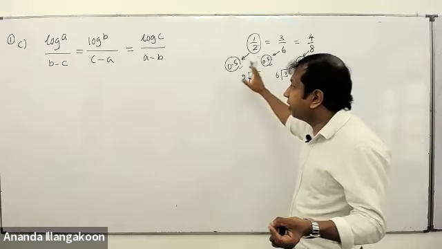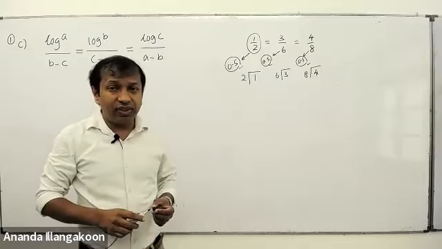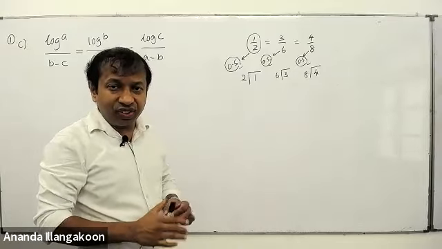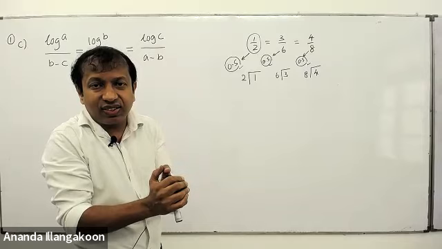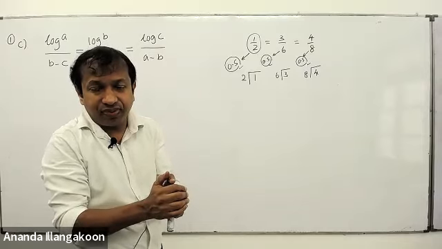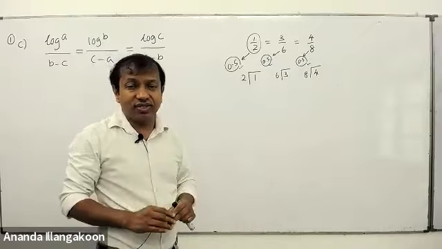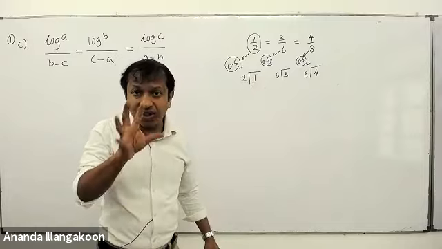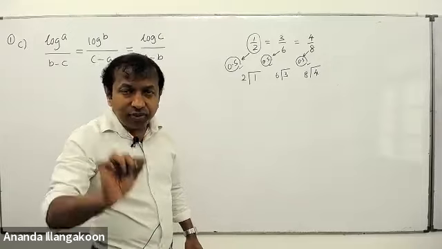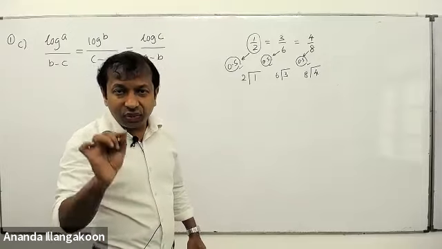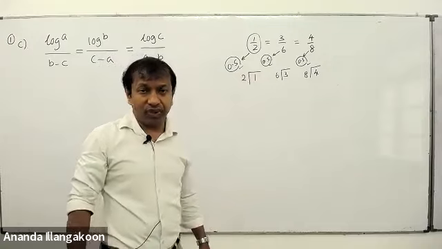Like that, these 3 fractions are equal, because each fraction has the same common answer, here 0.5. That is why these fractions are equal. Then I am going to assume that common answer as k.